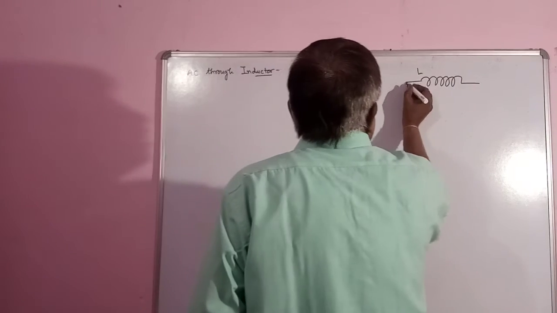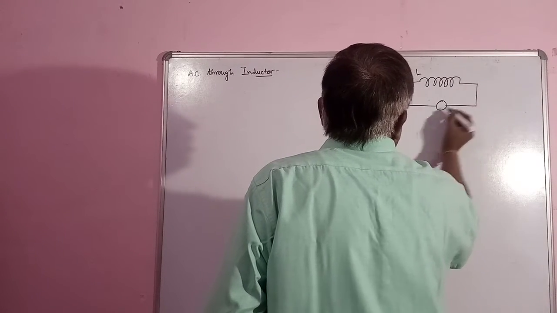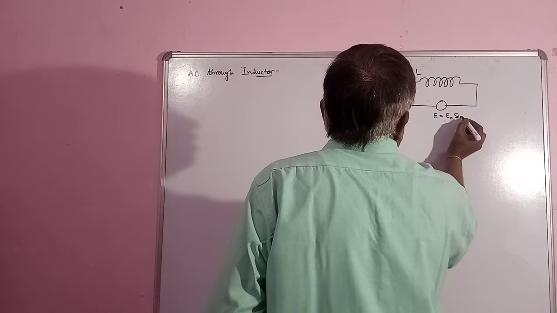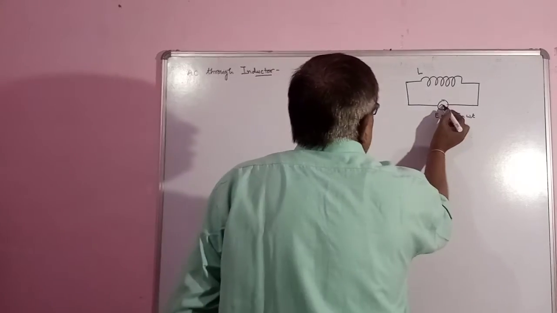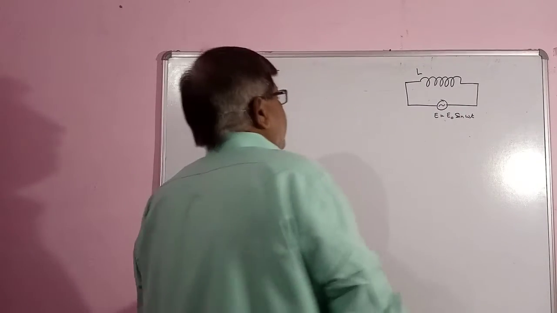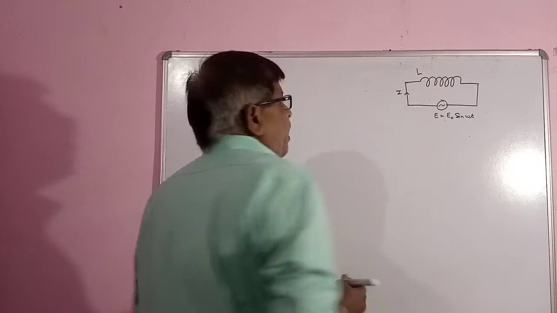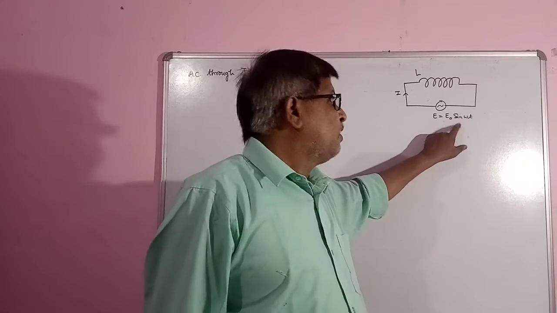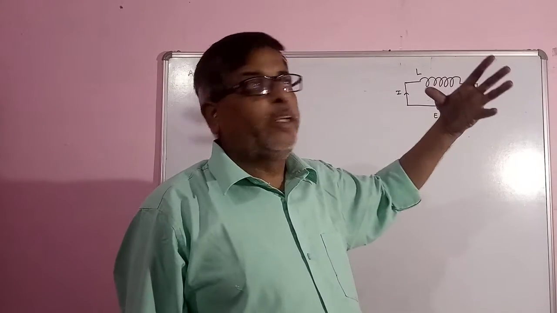And when we connect this coil with an AC source, then a current will flow through this, and we know, since this is time variant, so current will also be time variant.